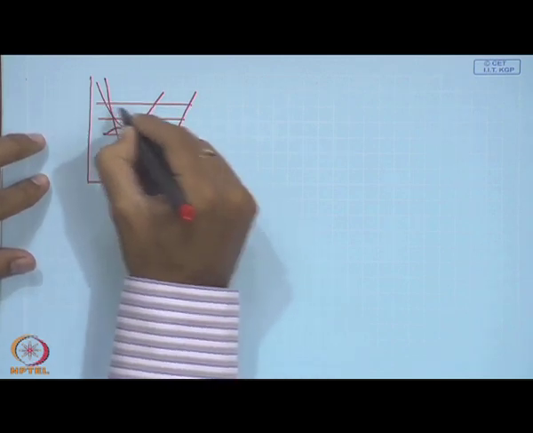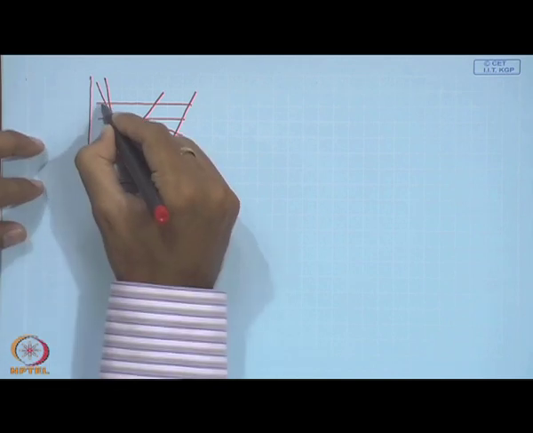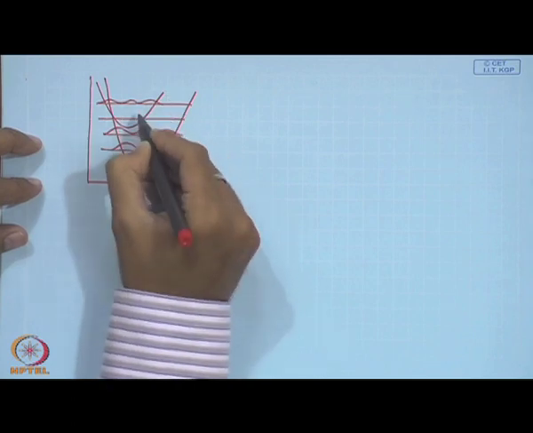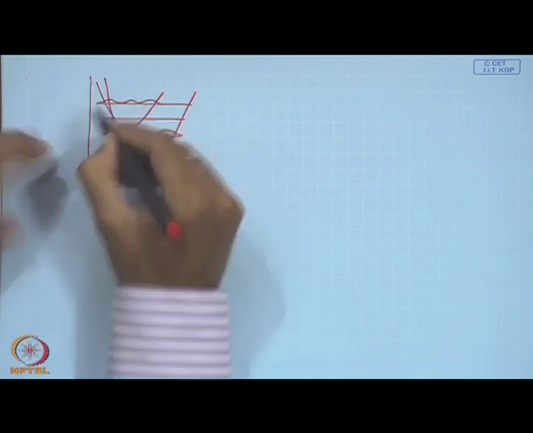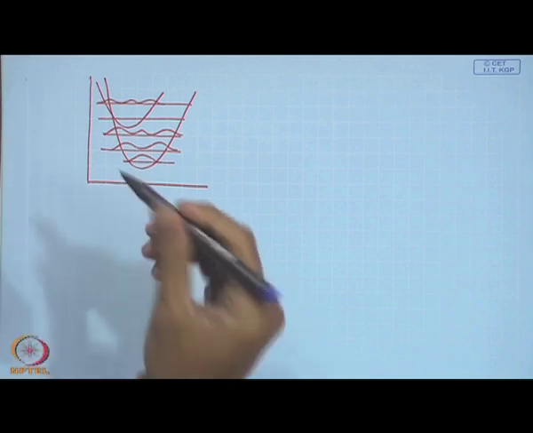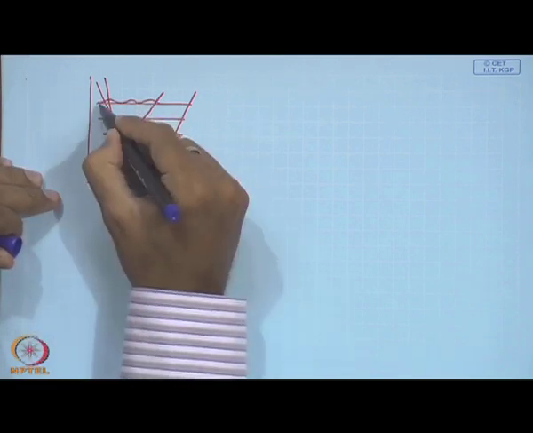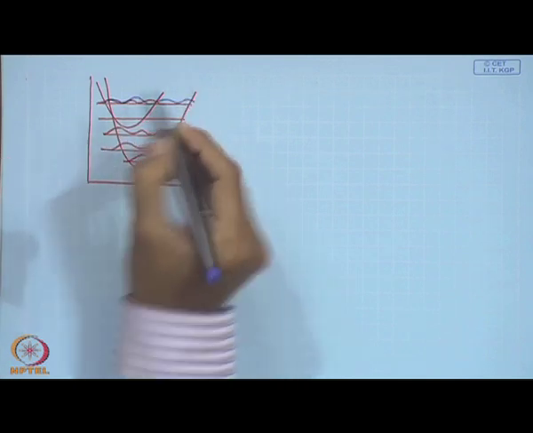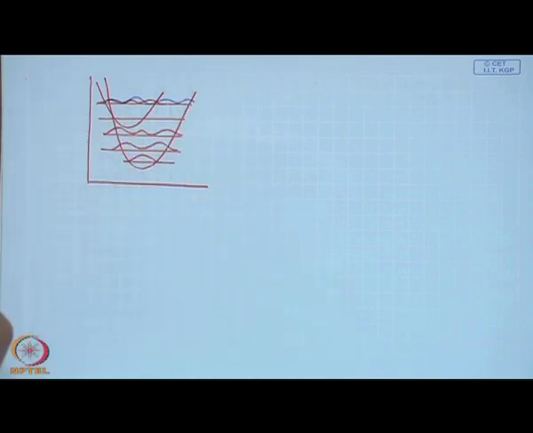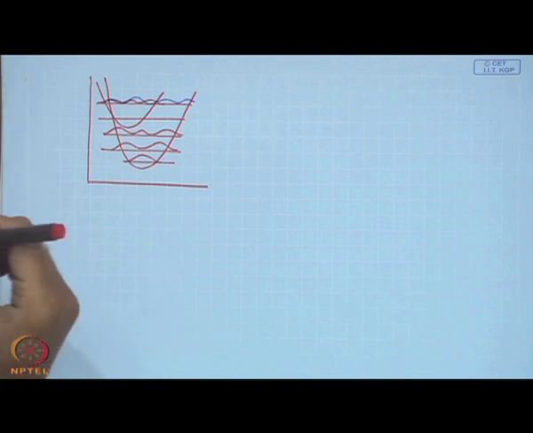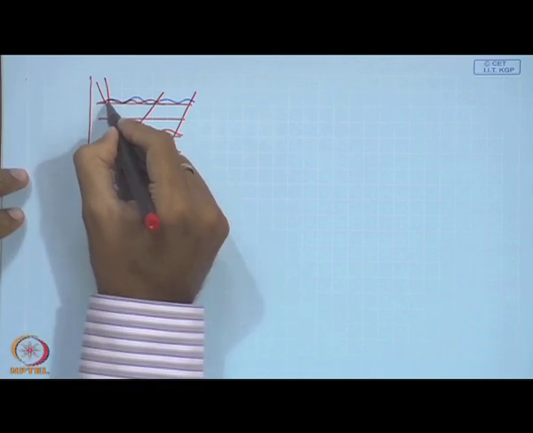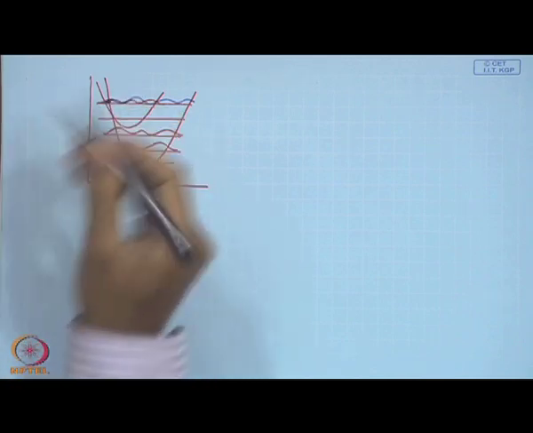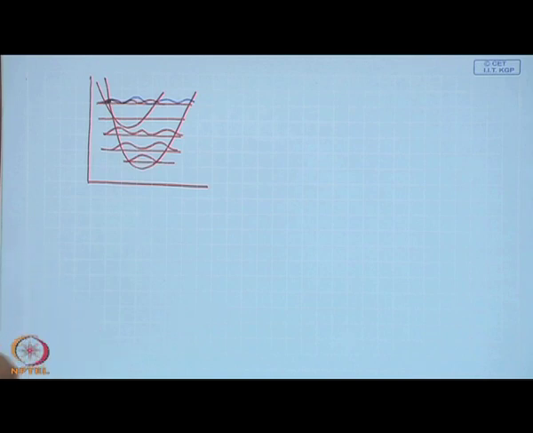Maybe for this one you can write like this, and for the whole bigger one you can have like this. So again there is a very small overlap region over here.